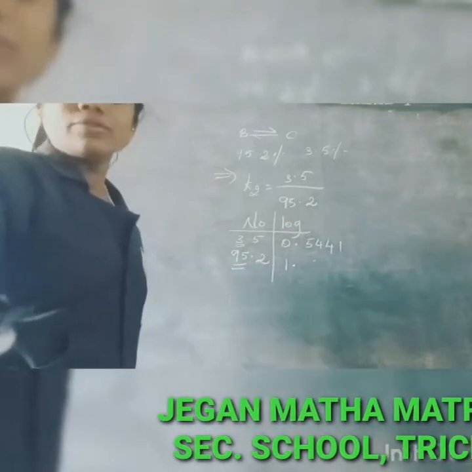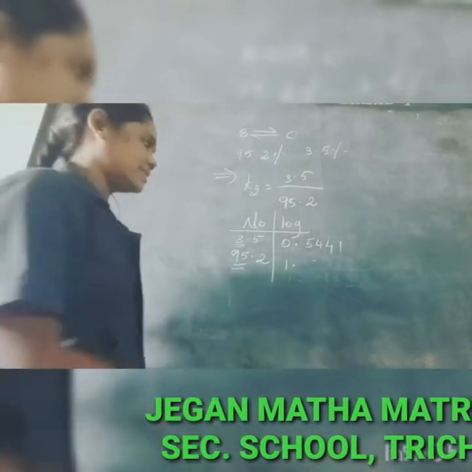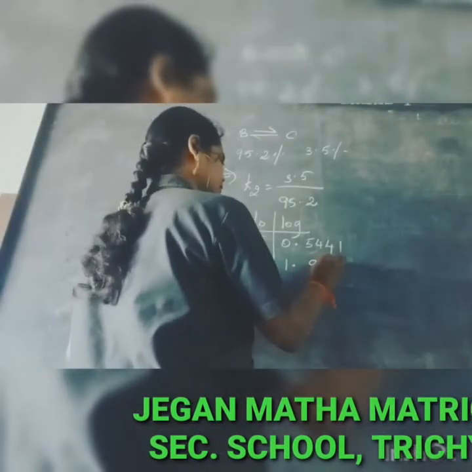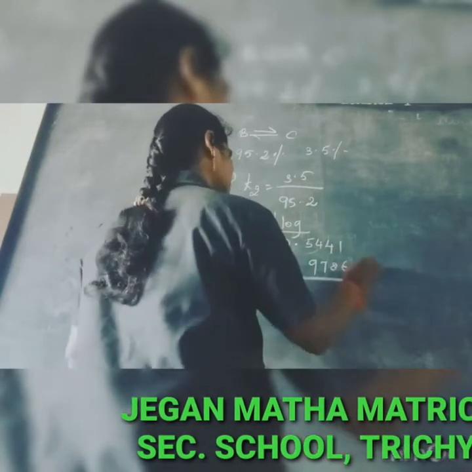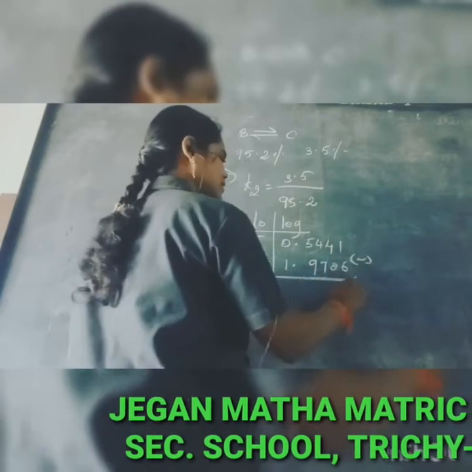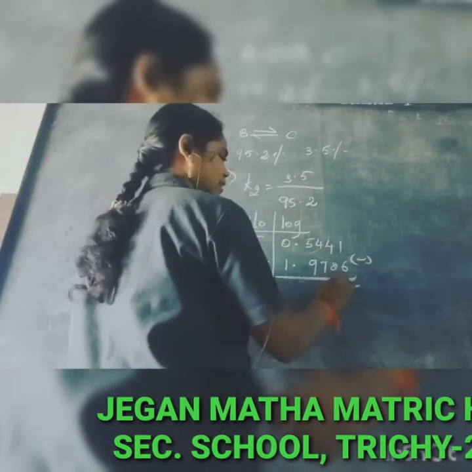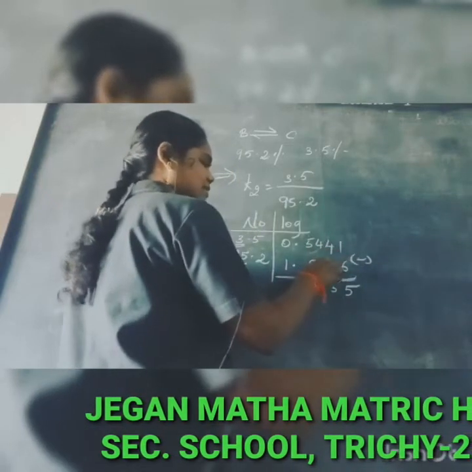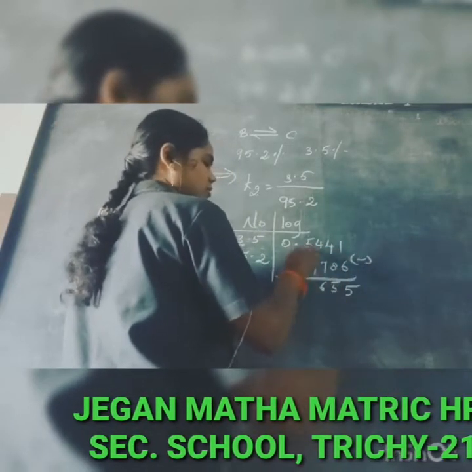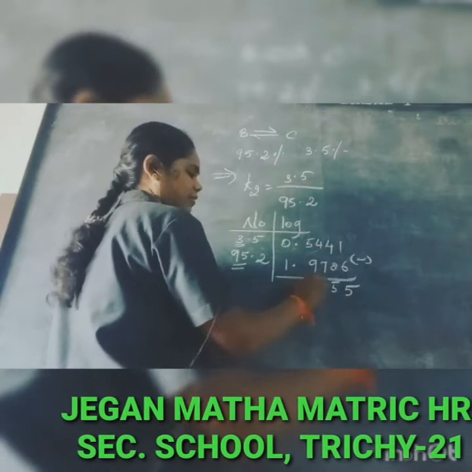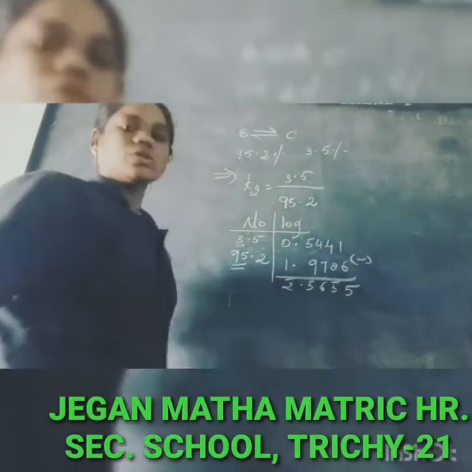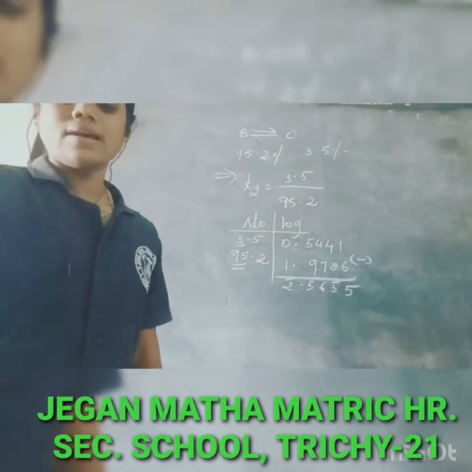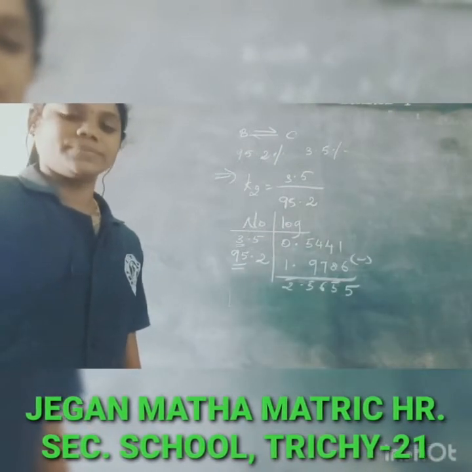And for 95.2, it is 1.9786. So subtract: 11 minus 6, 5. 13 minus 8, 5. 13 minus 7, that is 6. 14 minus 9, 5. So here we get 2 bar .5655.